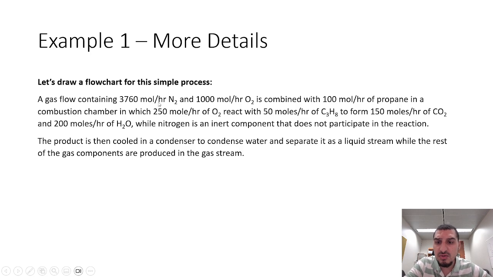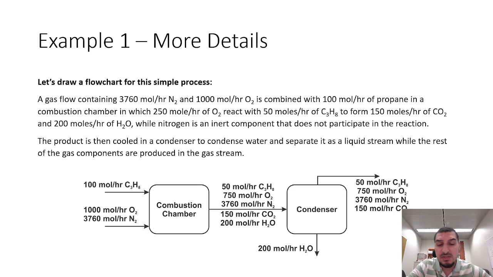And we know how much oxygen is reacting and how much propane is reacting. And this is the carbon dioxide and the water that's formed, while the nitrogen is an inert, so we know it is not changing. So we will draw the same flowchart, but now we have more data that we include here.